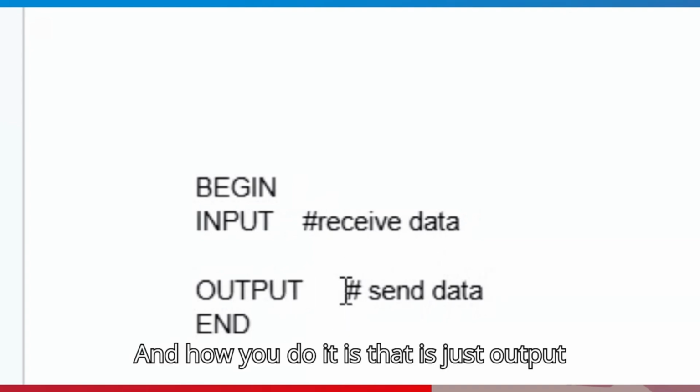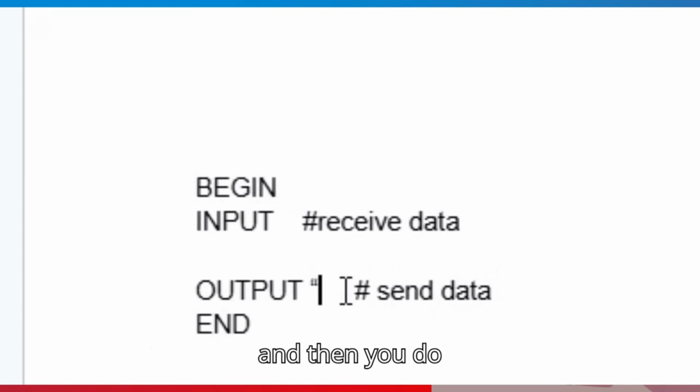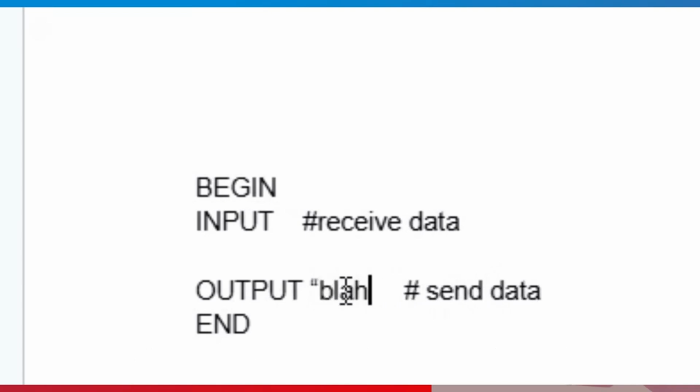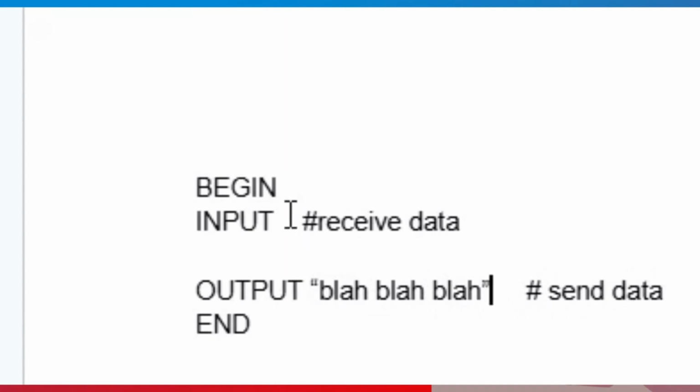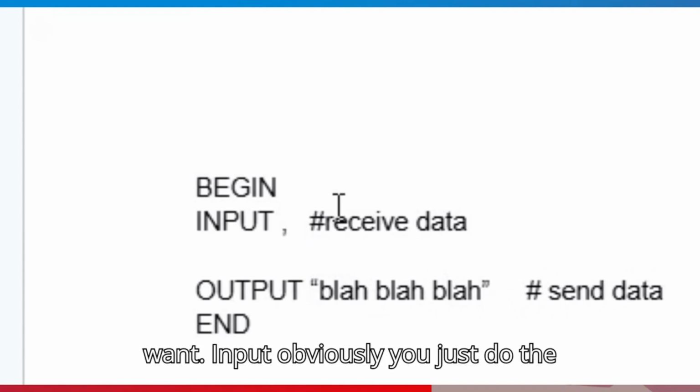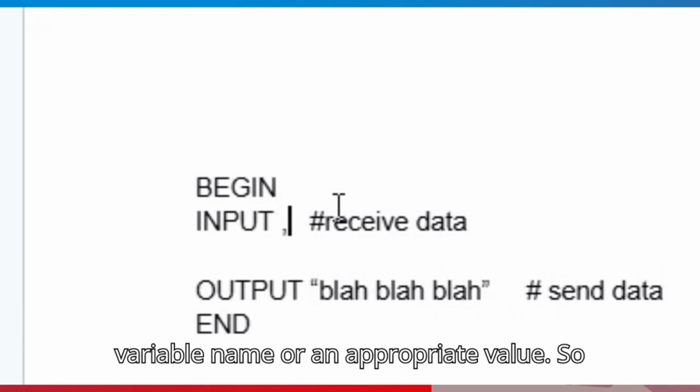And how you do it in exams is just OUTPUT, and then whatever you want to output. For input, you'll just do the variable name, or an appropriate variable name.